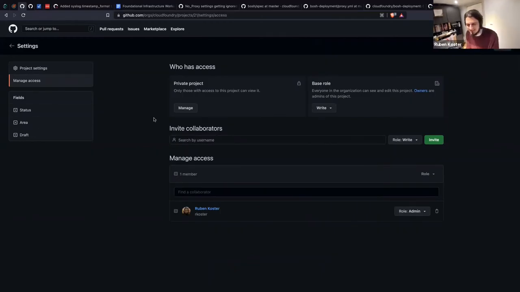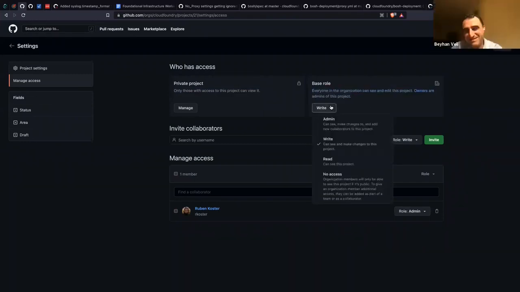But that seems like a bit of an oversight on the GitHub side. It's accessible for members of the Foundry org, possibly. Oh wait, everyone in the organization can see and edit this project. Ah, so that's the base role.